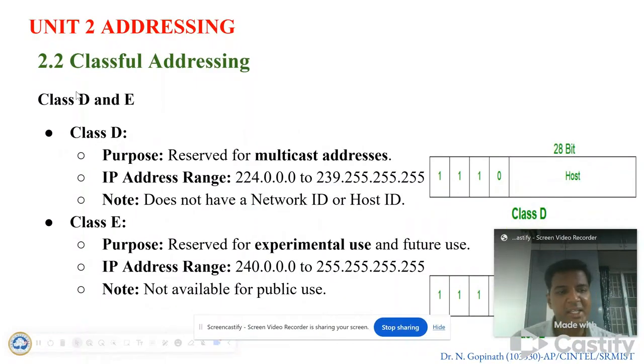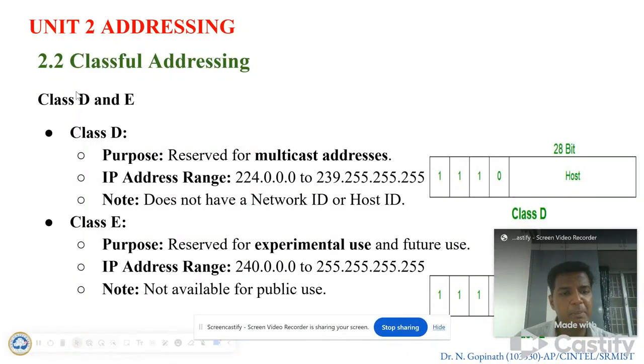Class D and E. The purpose of class D is reserved for multicast addresses and its IP address ranges from 224 to 239. It does not have a network ID or host ID. When compared to class A, B and C, those 3 have an individual network ID and host ID, whereas class D doesn't have any network ID or host ID.